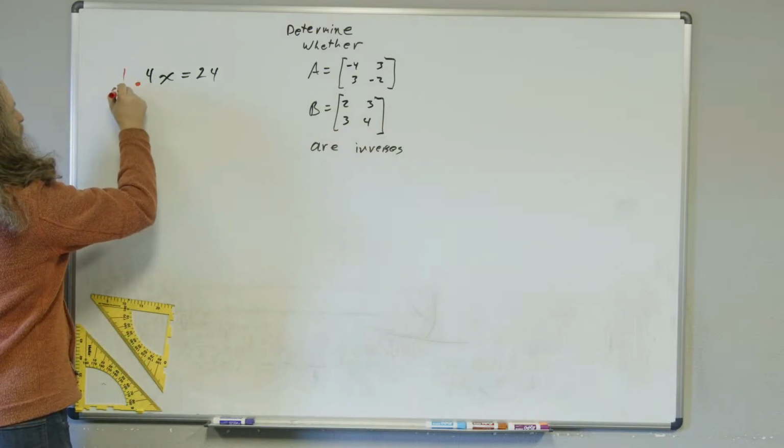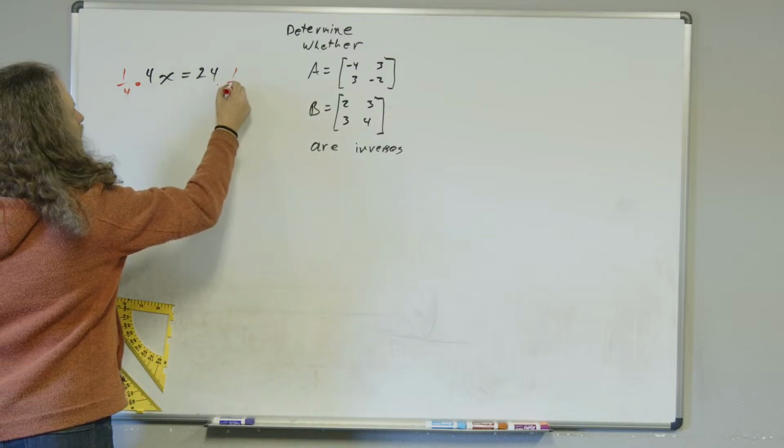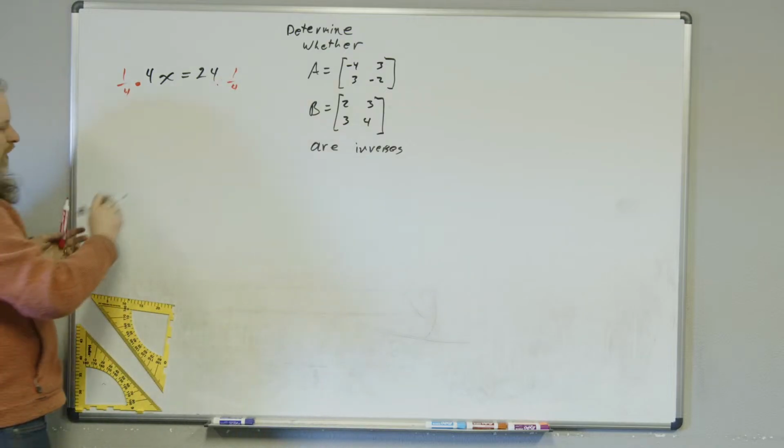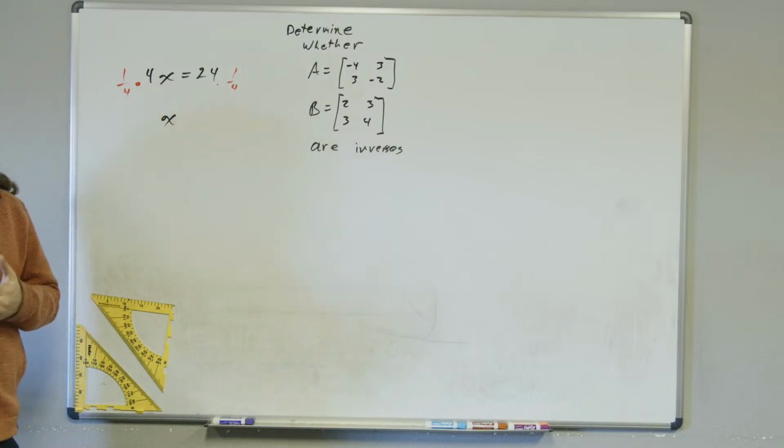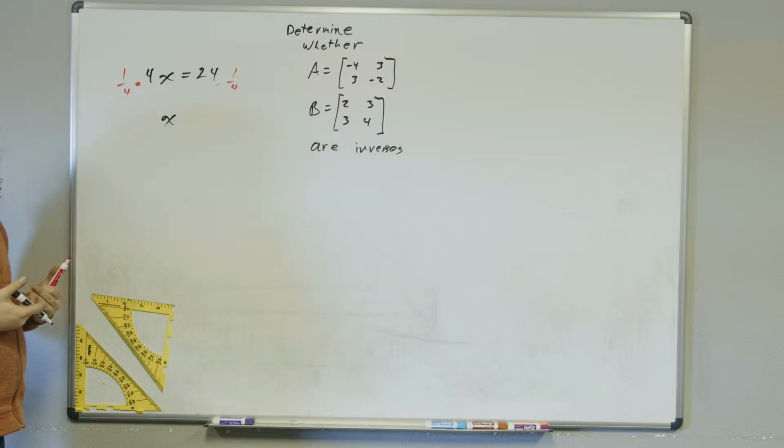If I multiply times 1/4, what is now in front of the x? A 1, which is in fact the multiplicative identity. Because if I multiply 1 times x, it's still x. So that's what the identity means. The identity matrix is something that you can multiply times something and it stays the same.